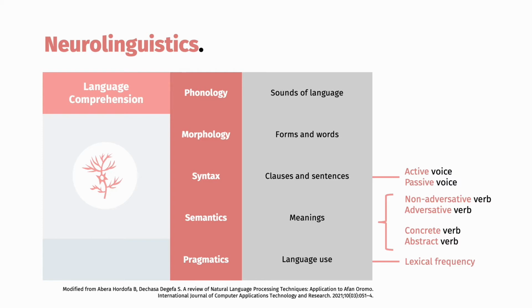The third one is syntax, which is the level of sentences, involve the combination of words and change in form of sentences. Analysis of complex sentence constructions also involved in this level.